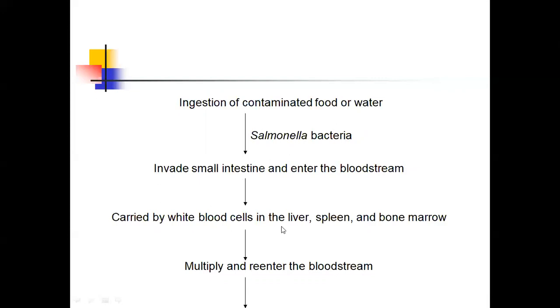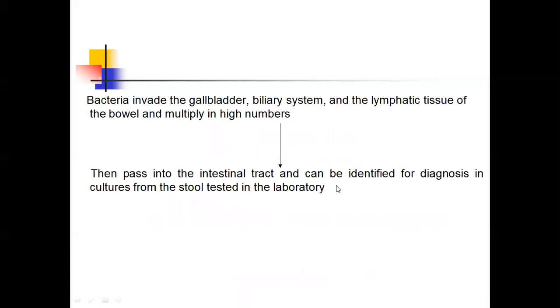Carried by white blood cells to the liver, spleen, and bone marrow, they multiply and re-enter the bloodstream again and again. Bacteria invade the gallbladder, biliary tract, and lymphatic tissue of the bowel and multiply in high numbers. Then they pass into the intestinal tract and can be identified for diagnosis. This is the crucial period for identification or diagnosis.